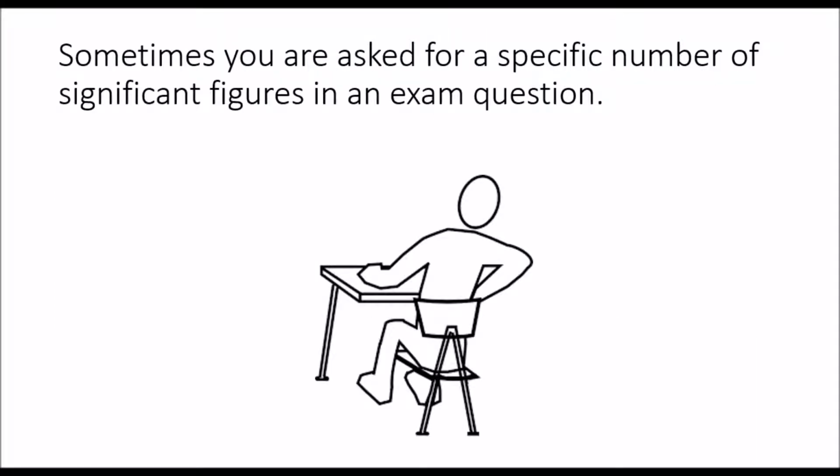So that is almost the end, but sometimes in the question you might not be asked for an appropriate number of significant figures for an answer. You might just be told that you have to give the answer to a certain number of significant figures, like 3 significant figures or 2 significant figures. So you should keep an eye out for how many significant figures a question asks for, or if it mentions that you have to give it to a certain number of significant figures.